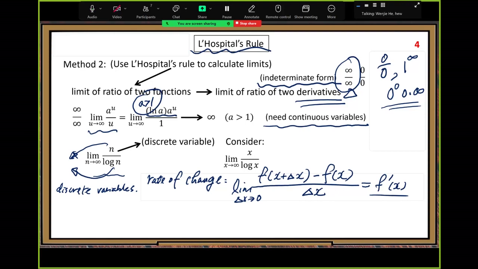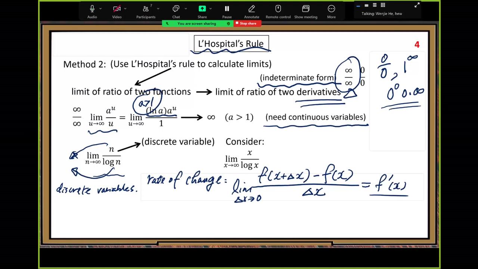When we switch from n to x, we allow x to take all the continuous values. This time, we do not require positive integers. All real numbers, or positive real numbers, we can say. This time, a continuous variable.